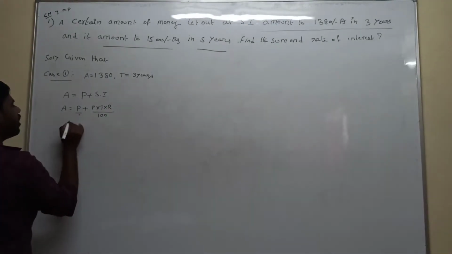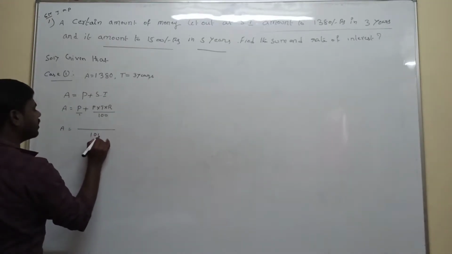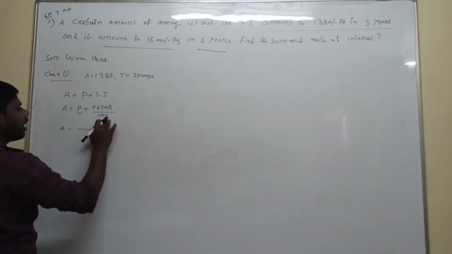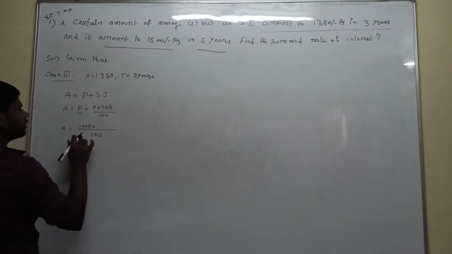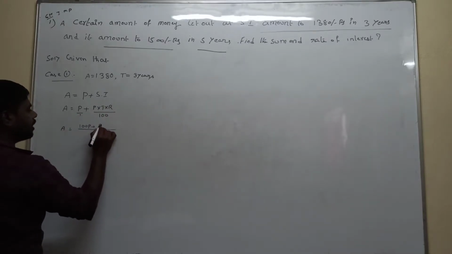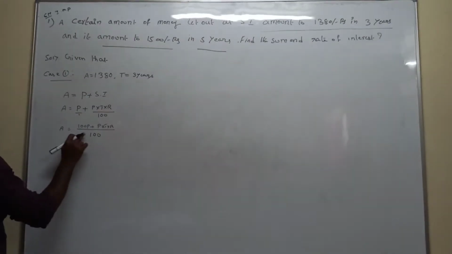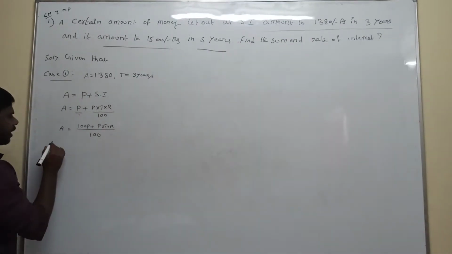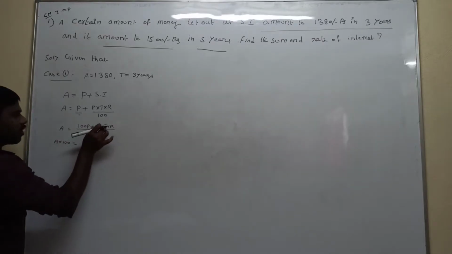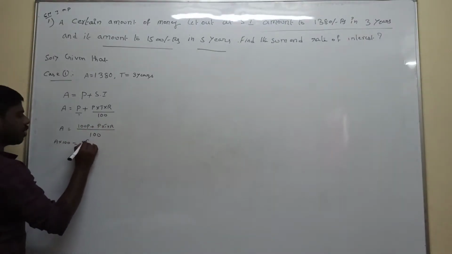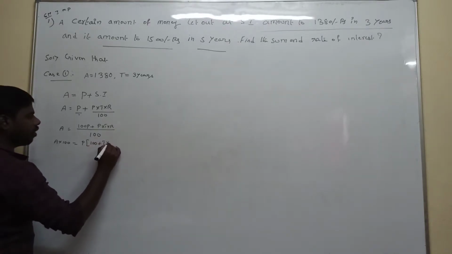After that we take the LCM, which is 100. 100 into P is 100P, plus 1 into PTR is PTR. Next, 100 cross product with the left hand side numerator, so A into 100 is equal to this. Then what is common here? Taking P common outside, the remaining value is 100 plus TR.